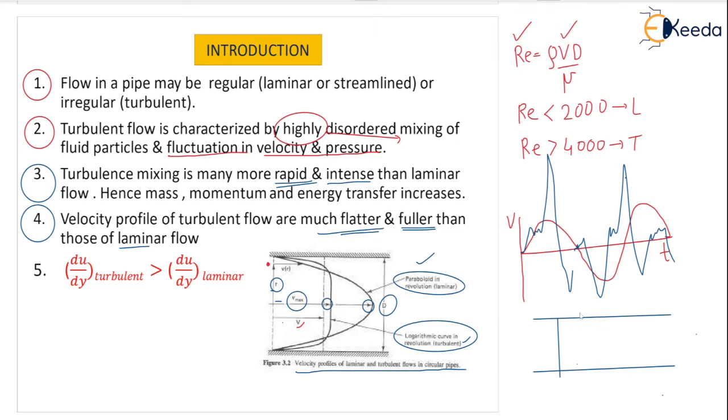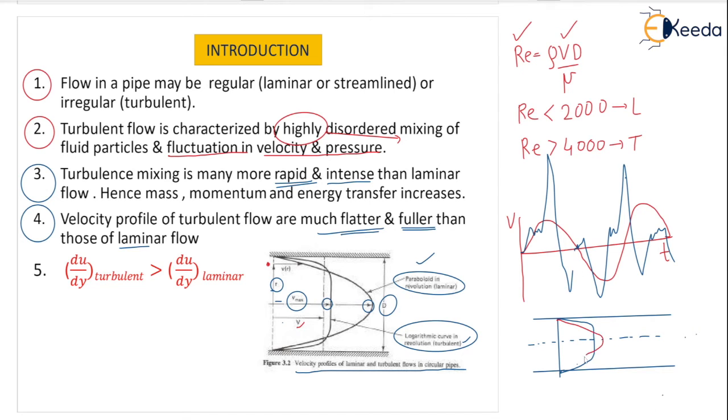So if you want to draw, this is the center line, suppose. If you want to draw the velocity profile for the turbulent flow here, I'll draw like this. Correct. This is the turbulent flow. And suppose I want to draw the profile for laminar flow, how can I draw?